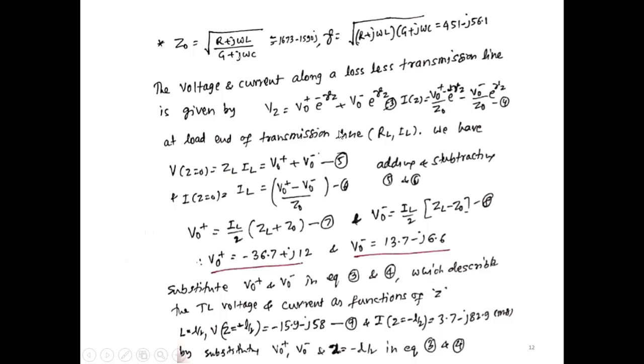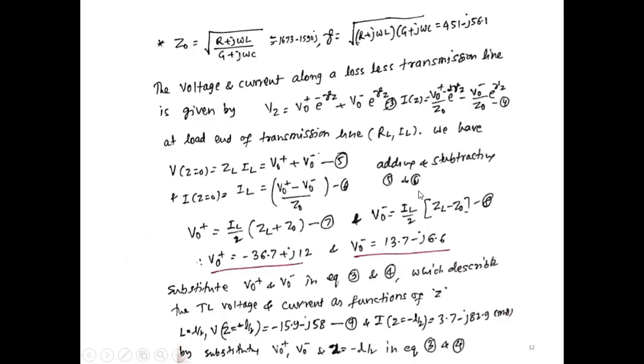At the load end of the transmission line, Vz is equal to ZL IL, we get ZL IL is equal to V0 plus plus V0 minus, and at z is equal to 0, we get IL is equal to V0 plus minus V0 minus divided by Z0, equation number 5, 6.